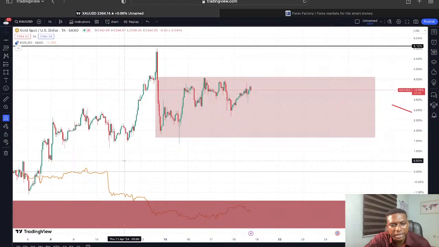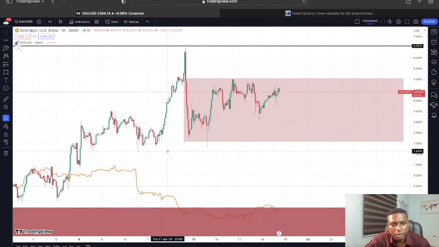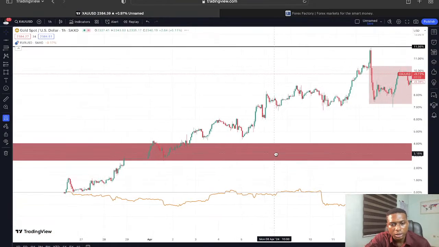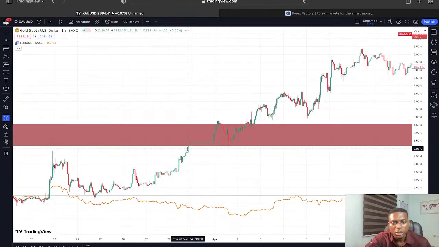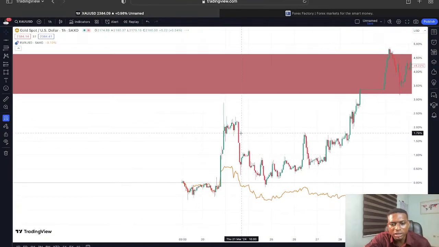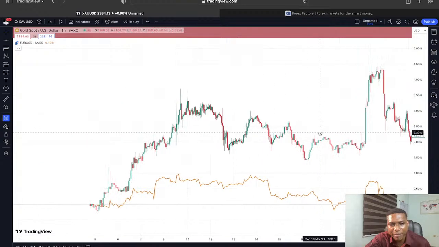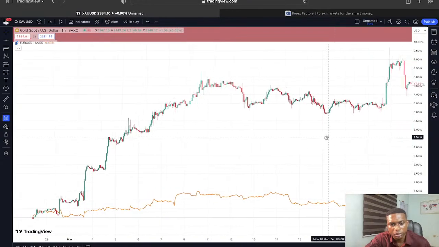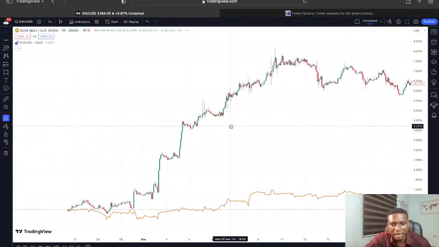Is it safe to say that the gold and Euro USD are moving in opposite directions? Is it safe to say that?